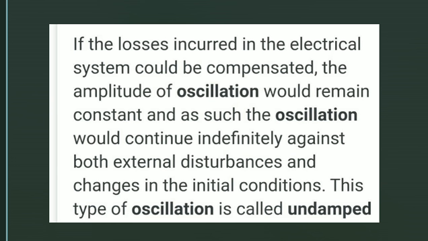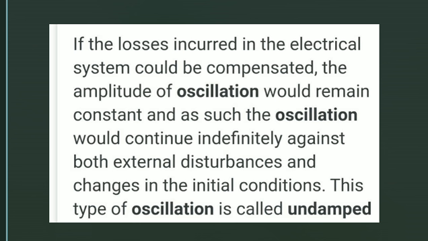This type of oscillation is nothing but undamped oscillation. That means in undamped oscillations, the amplitude of the signal always remains constant, does not change. But in damped oscillations, the amplitude of the signal decreases with respect to time.